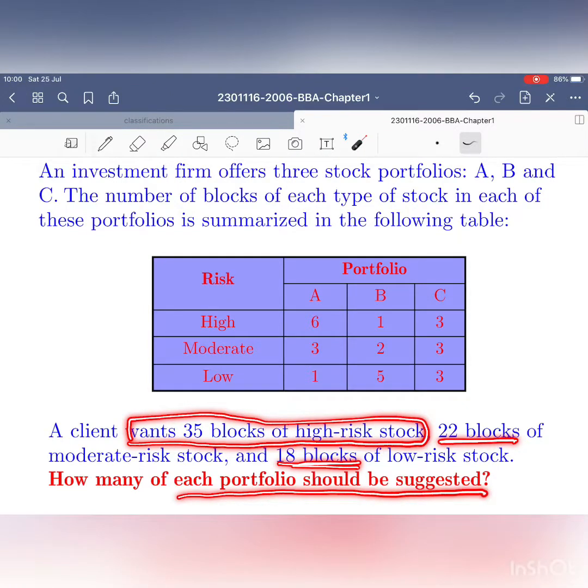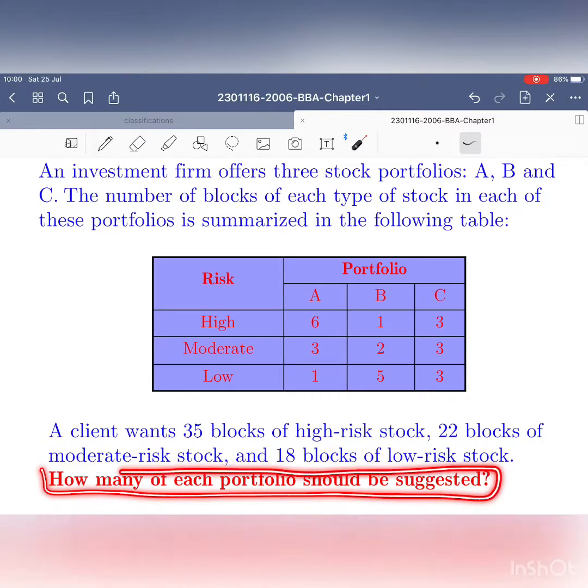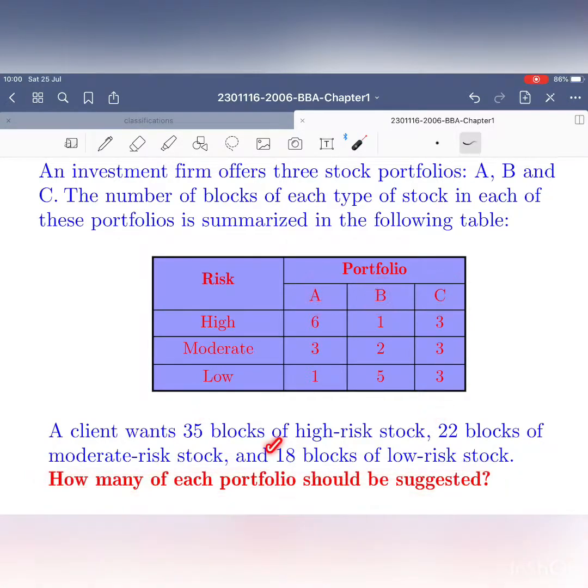So the question is about the number of portfolios. So your answer should be like 2 of portfolio A, 3 of portfolio B, 5 of portfolio C, so that you have the stock that you need. You know what I'm saying?